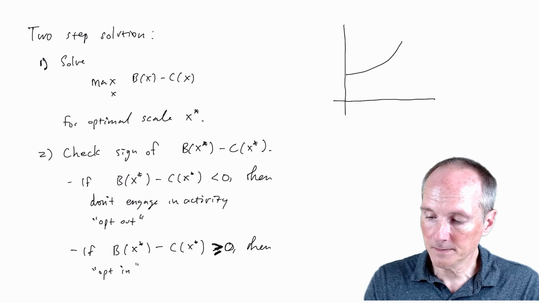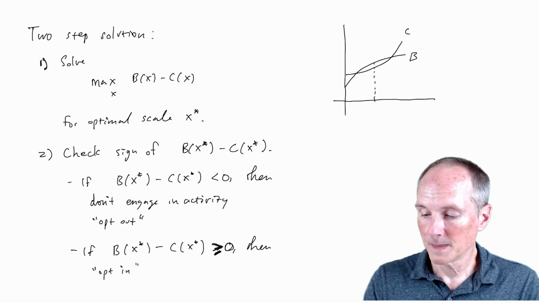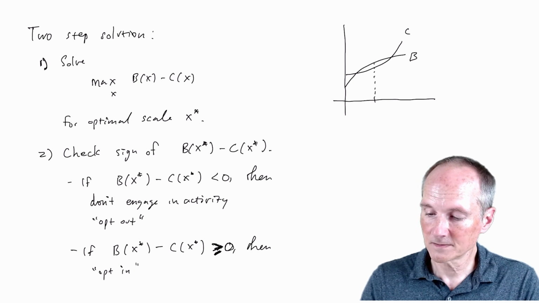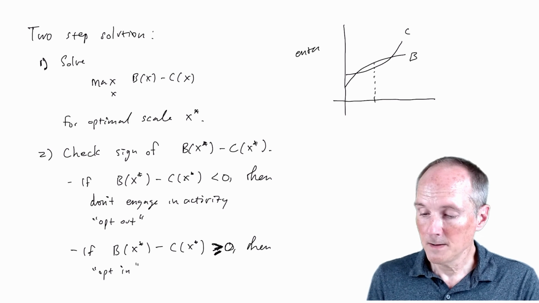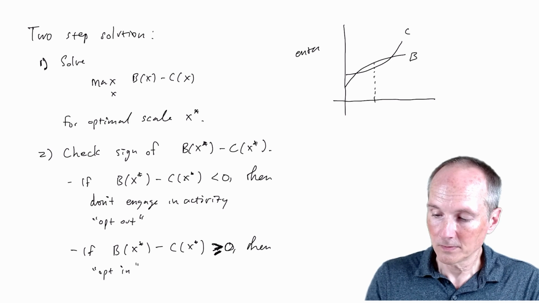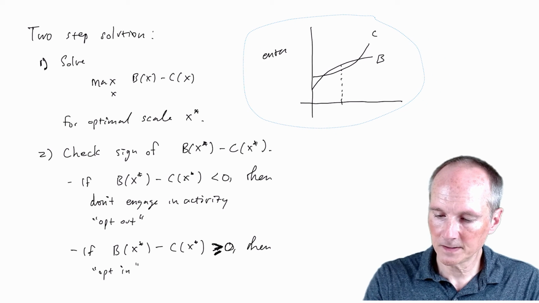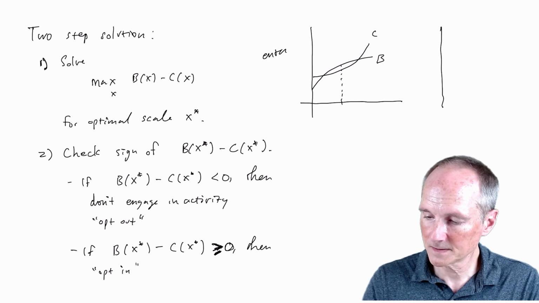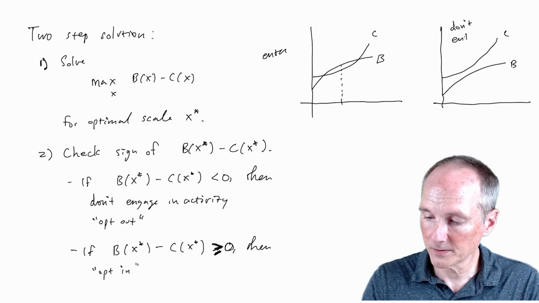Okay, it doesn't always have to be an issue, because you can have fixed costs, but in a situation like this here, you would enter. Okay, but what we're concerned about is cases like this, where you don't enter, you opt out.